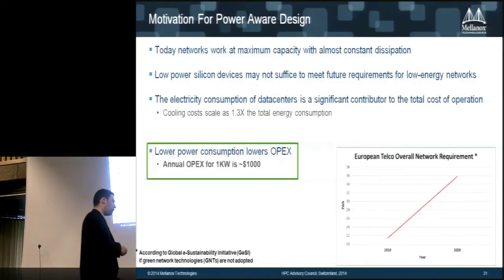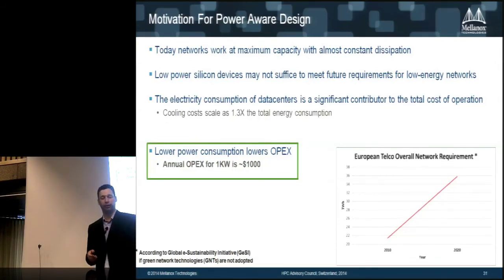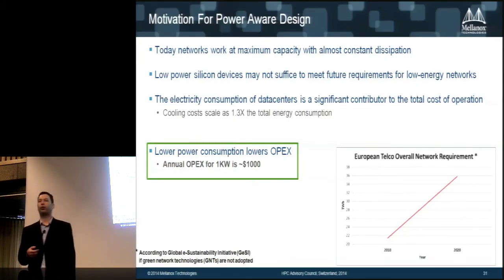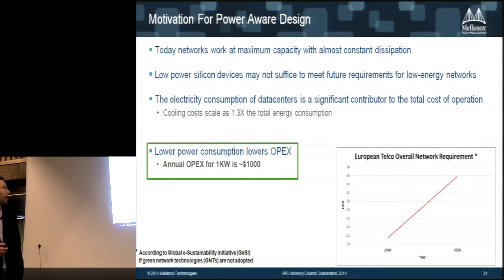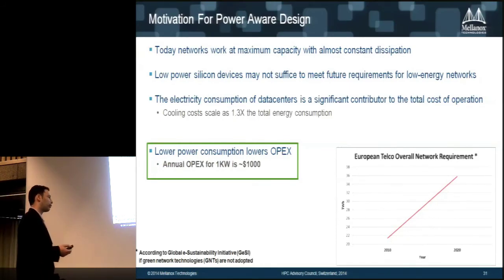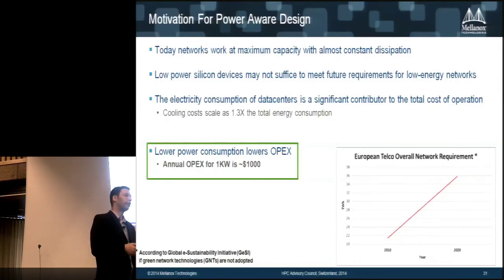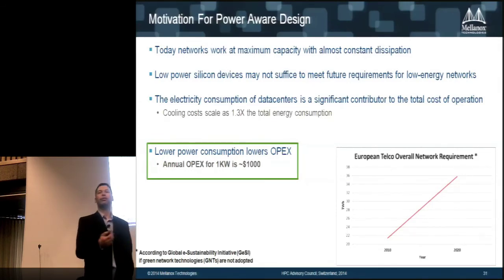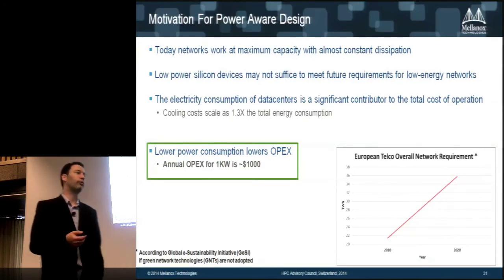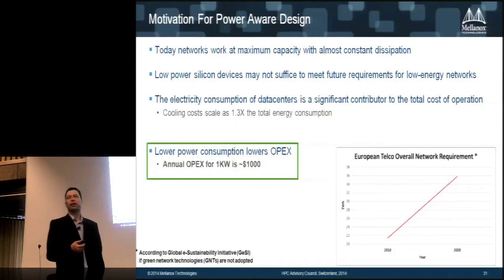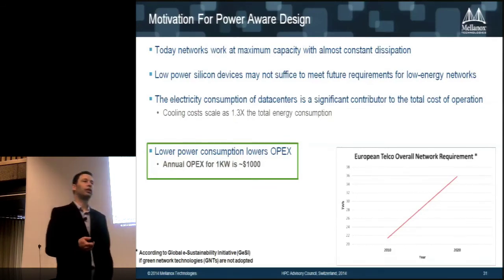So as a company, we participated in a European Commission FP7 program called ECONET, and part of the concern there was that devices that operate today, their power demand is not proportional to the actual service demand. So basically, if you move data or don't move data, they take the same amount of power, and that's a problematic design, because everybody knows that the hardware is not 100% utilized all the time.